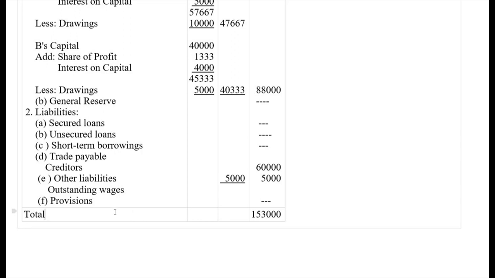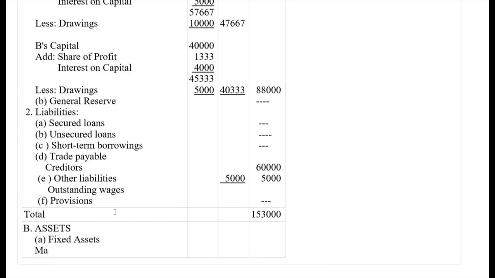Then the next one here, that is assets. Let's call this as B, assets. So here fixed assets.